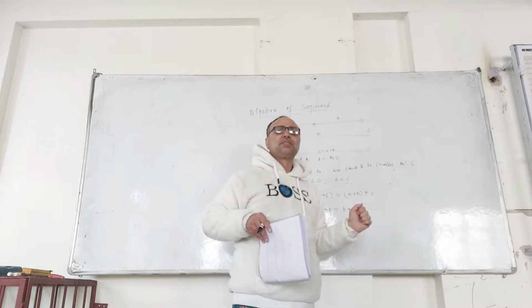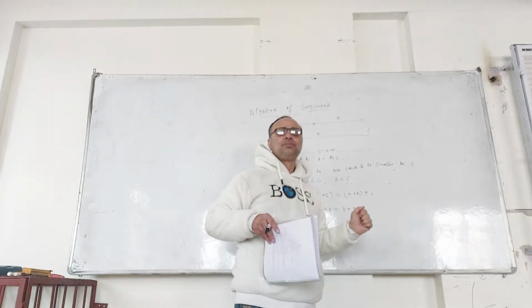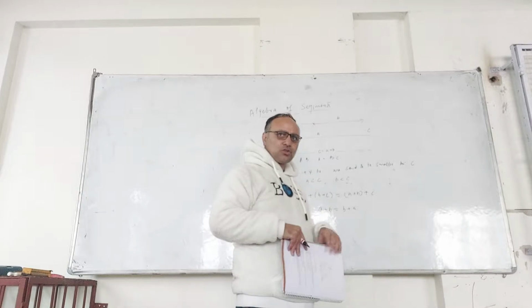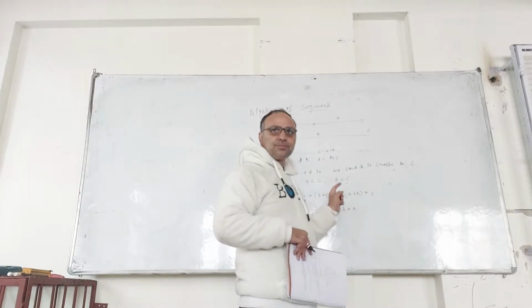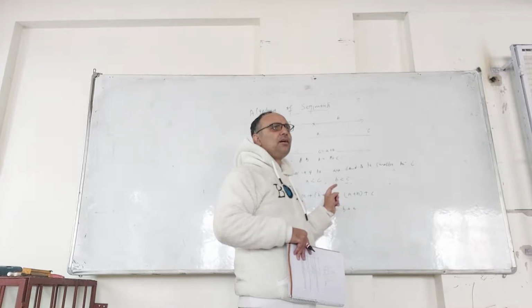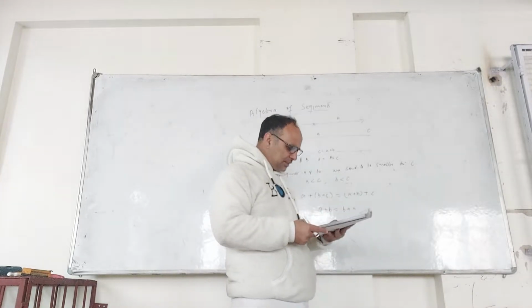This is the statement. But A was on the left side and B was on the right side, and now we are changing it and saying it doesn't matter. The exact statement is not about changing the sequence.